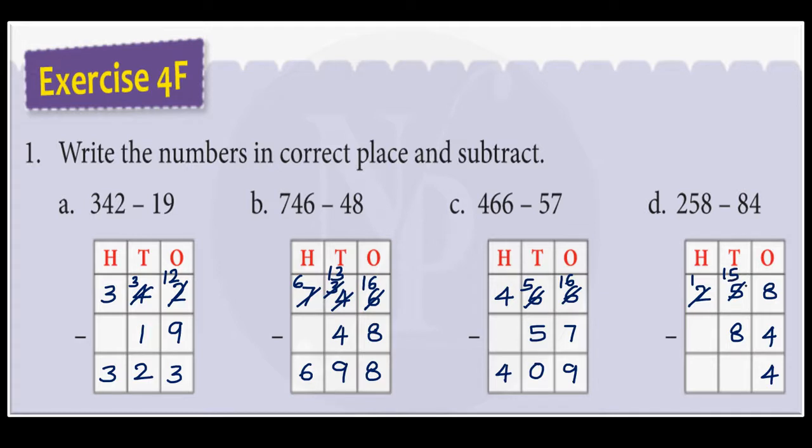We write 15 here, and subtracting 8 tens from 15 tens, we get 7 tens as a difference, and we are left with 100 in this hundreds column here. Therefore, on subtracting 84 from 258, we get 174 as difference.